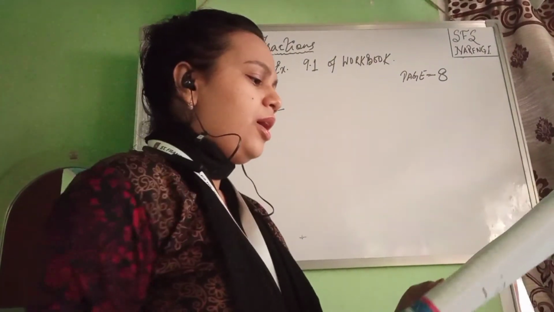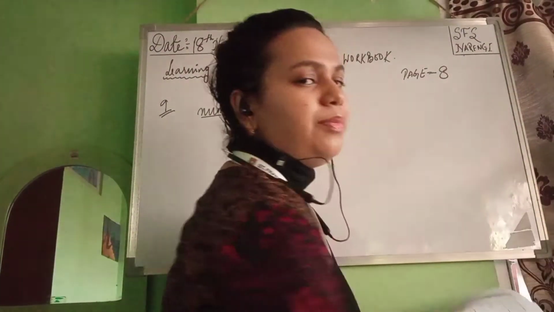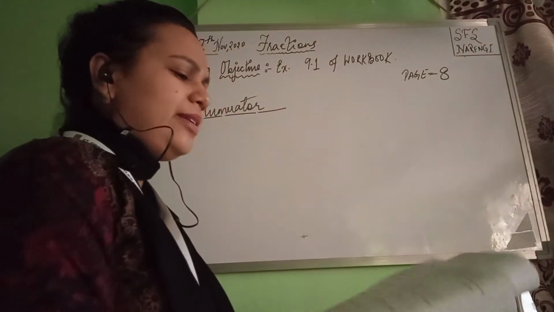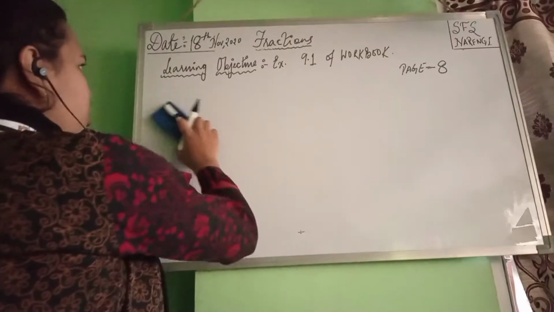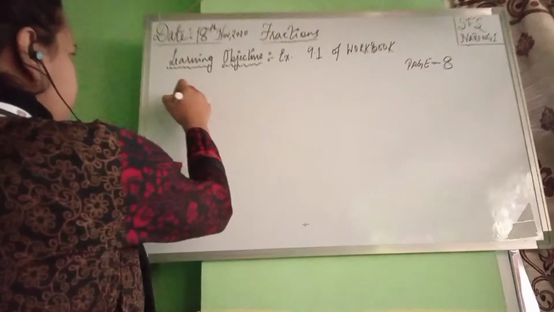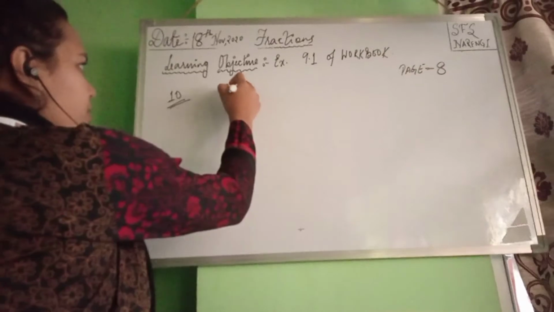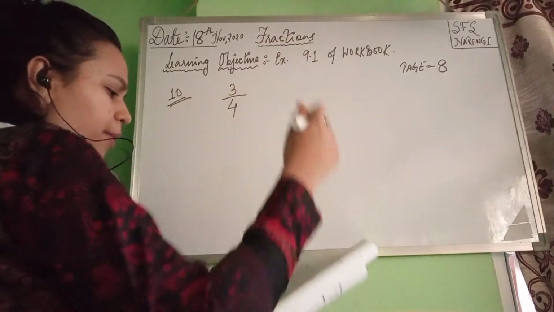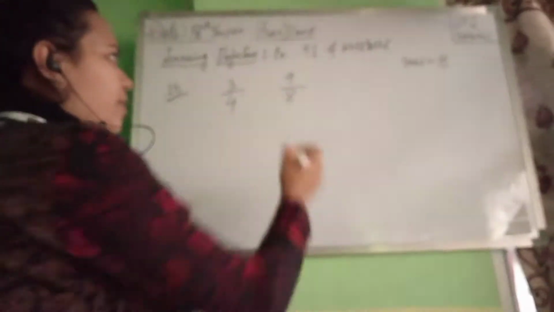Question number 10, 11, 12, they are all very simple. We have all discussed them, but let us do them together. In question number 10, you have to see if 3 by 4 and 9 by 8 are equivalent. Very simple, children.